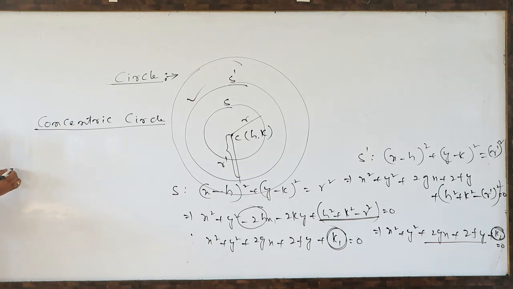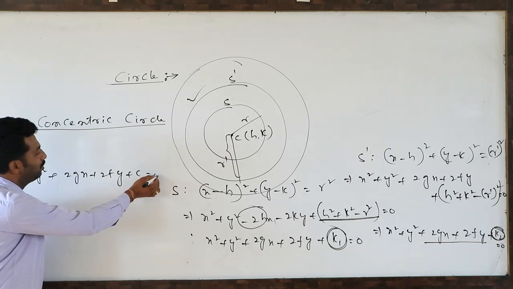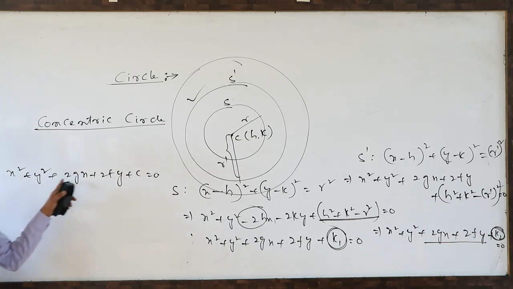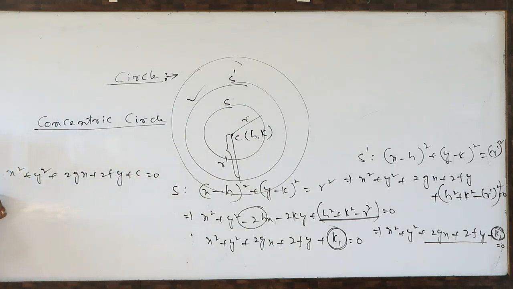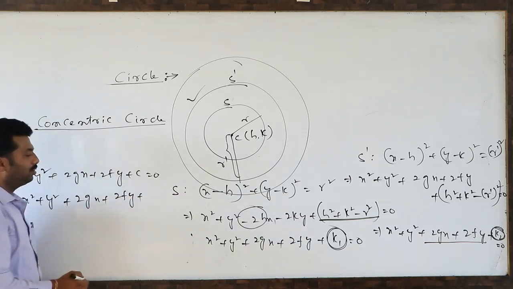Write a circle concentric to x square plus y square plus 2gx plus 2fy plus c equal to 0. A concentric circle means x square y square is there, here also x square y square. 2gx is there, here also 2gx. 2fy is there, here also 2fy.